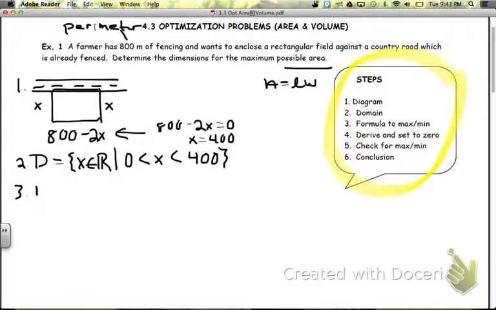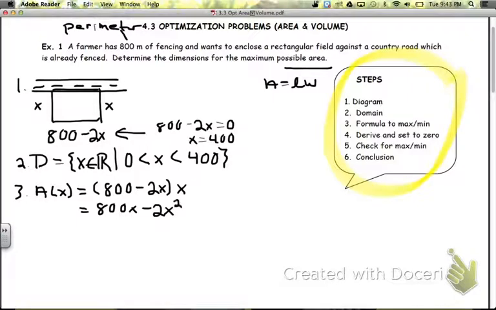So our area in terms of x is just equal to 800 minus 2x, which is our length, times our width, which is just x. We can expand this where we get 800x minus 2x squared. And we're done our third step.